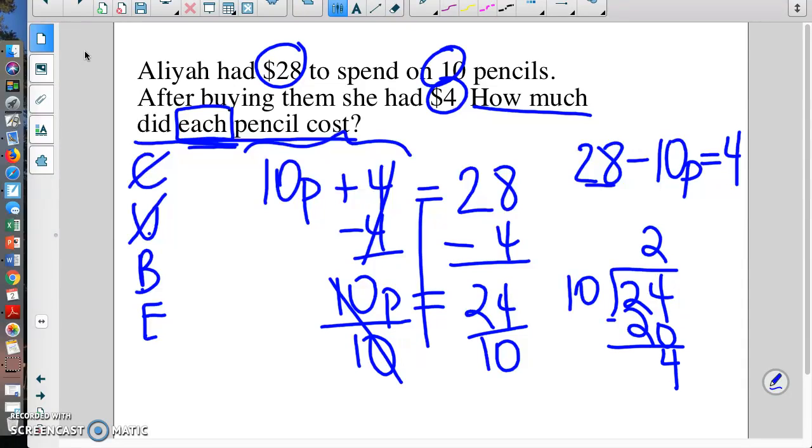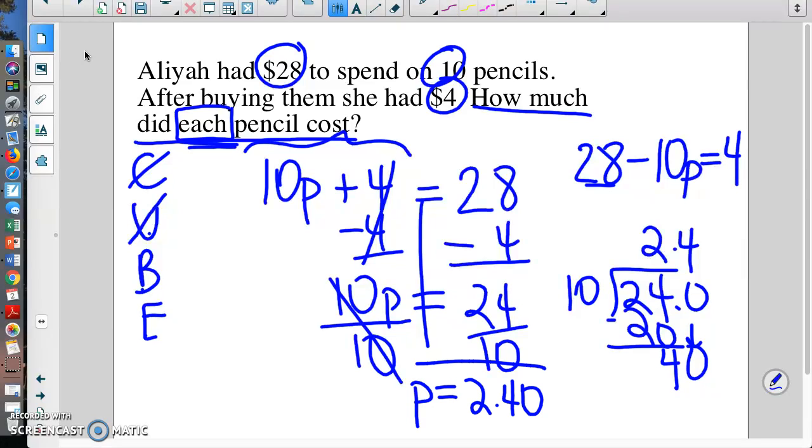You subtract that, you have to add a decimal, 0. And 10 goes into 40 4 times. And it's talking about money. So each pencil was $2.40, because it's talking about money, and you don't want to write $2.4. If you work the other one out, you're going to get exactly the same thing.